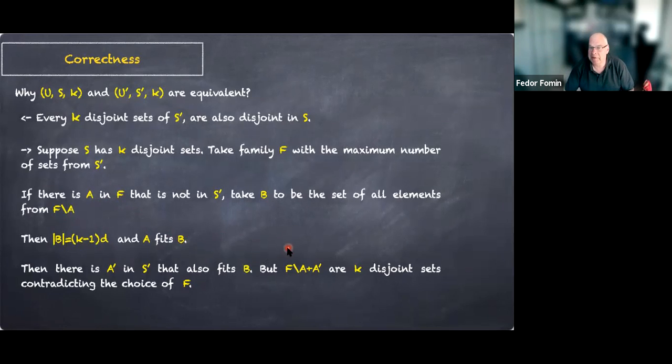But then what I'm doing is taking from the family F, I remove A, and I add A prime.